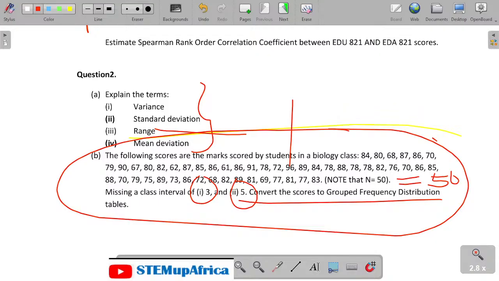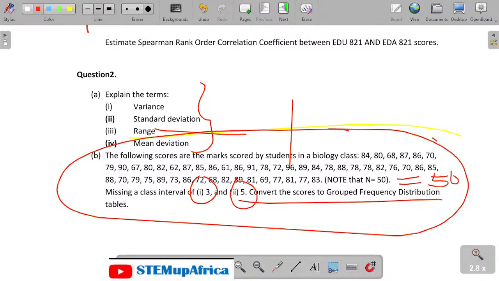So let's find the lowest number. I've gotten the highest as 96. Let's look for the lowest. I'm seeing 69. I think 61. I'm seeing 61.